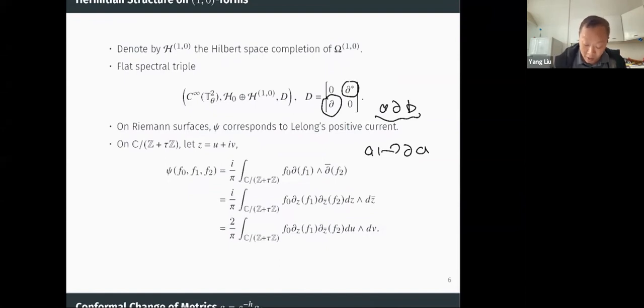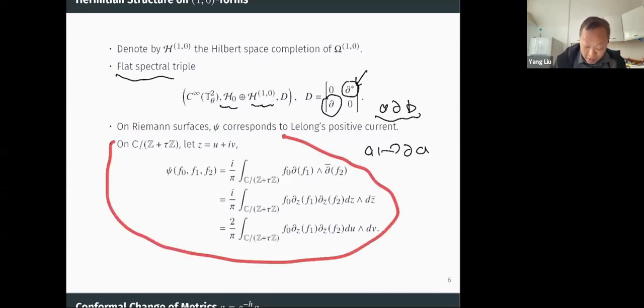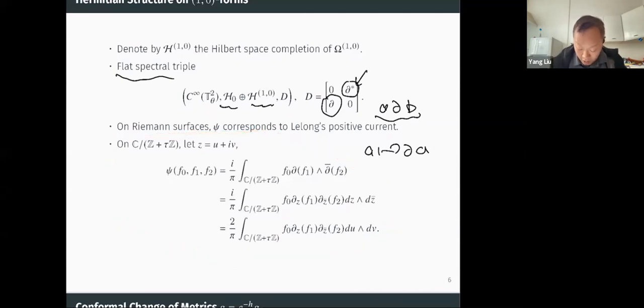Since we talk about the inner product on functions and the inner product on one forms, the adjoint makes sense. In this way we have a flat spectral triple, which reflects the flat geometry. Here is an example of this Hochschild cocycle in the case of the Riemann surface, which corresponds to the D-bar operator.